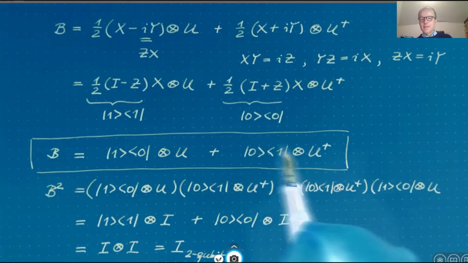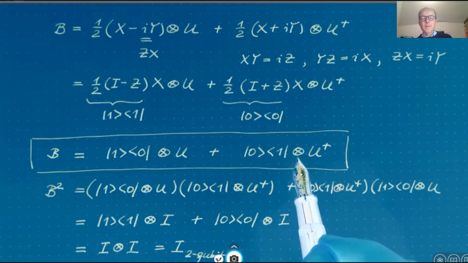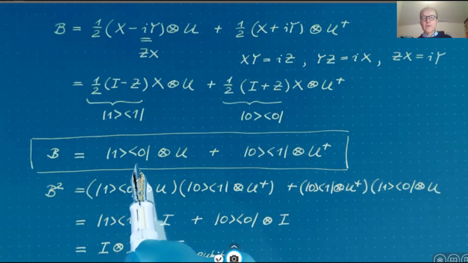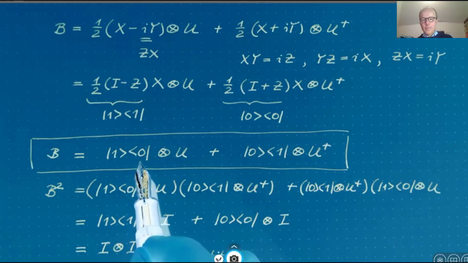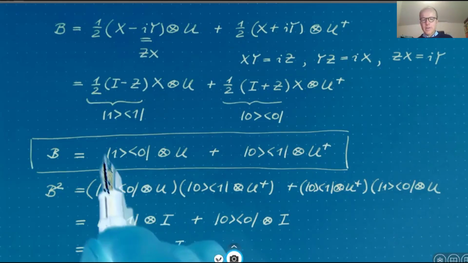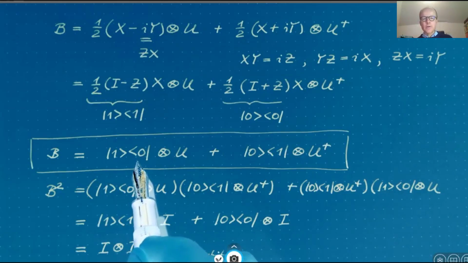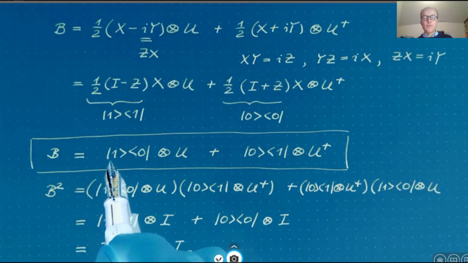So this second term will not contribute when applied to the tensor product 0 times psi. Only the first term will contribute. And here, when you apply the first factor to the basis state 0 of the first qubit, you get the scalar product of basis state 0 with itself. This is 1, and you are left with basis state 1.